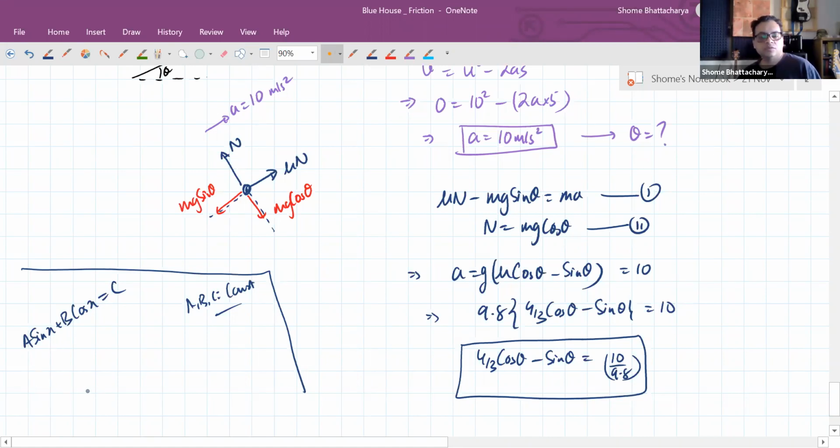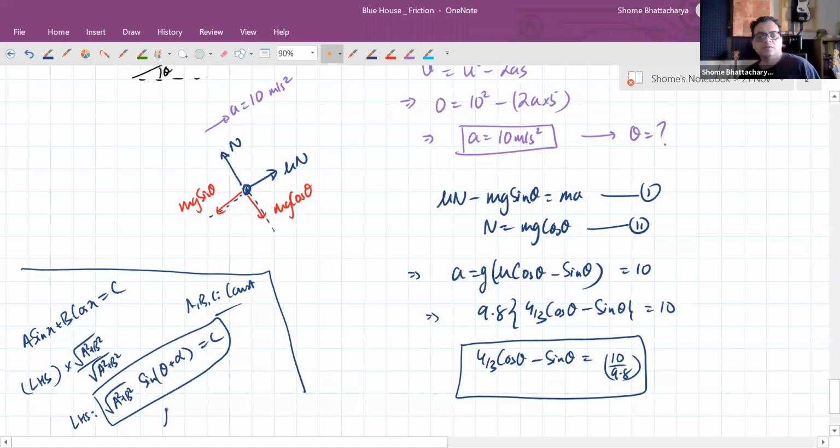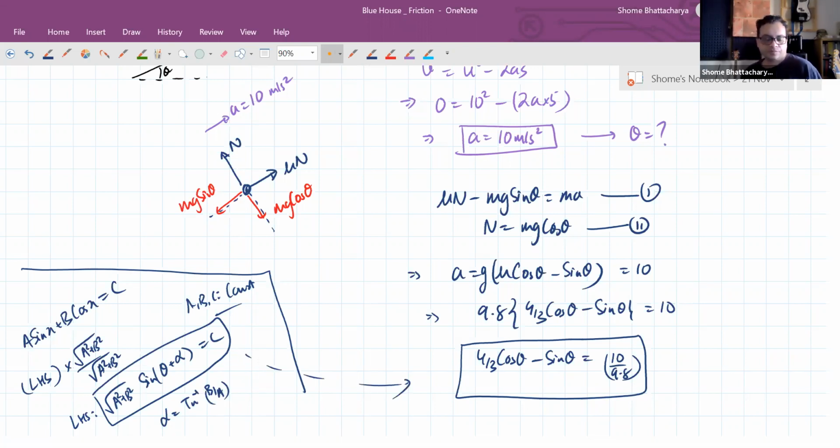So what you do is, on the left hand side, you multiply and divide by root of a square plus b square. You know this trick in trigonometry, right? Okay. So the left hand side then becomes root of a square plus b square into sine of theta plus alpha, where that alpha becomes tan inverse of b by a, and then you solve. So apply that method over here.